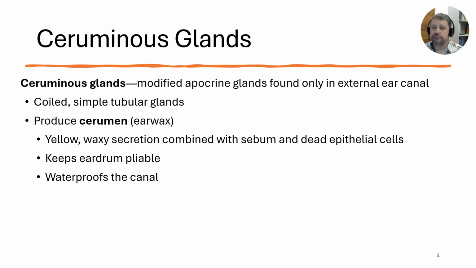Remember, from, I don't know, maybe middle school, elementary school, fat and water don't mix. And so if you want a waterproofing, then you can lay down kind of a lipid base, and that'll provide that waterproofing. And that's exactly what the cerumen does.